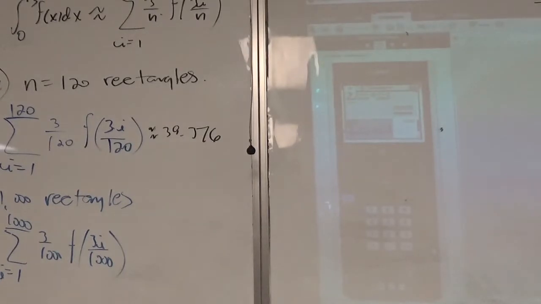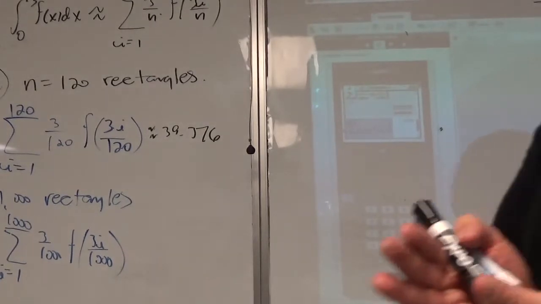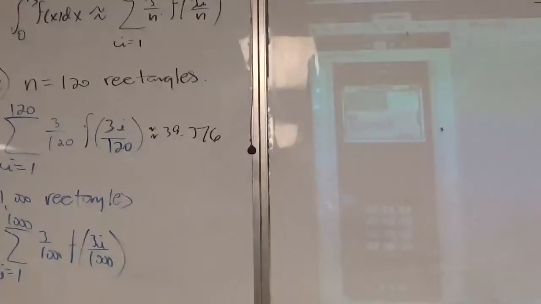Is the answer going to be bigger than 39 or less than 39? No matter what you do, you have an increasing function and the right endpoint method, so you have to get an overestimate. But it better be closer.